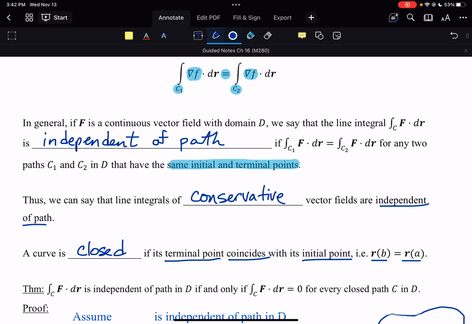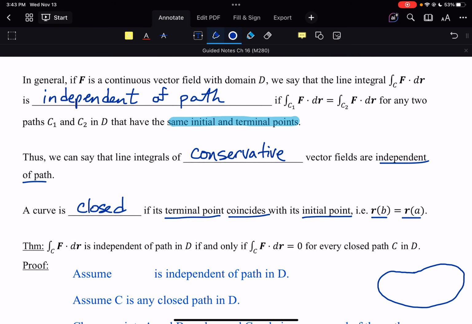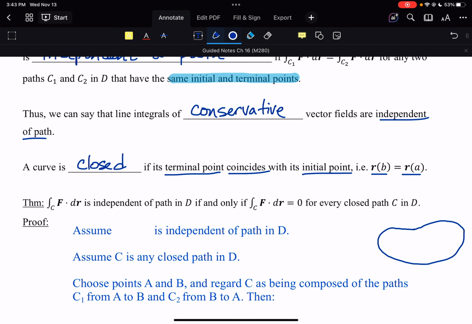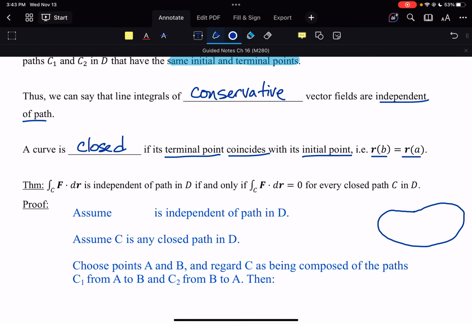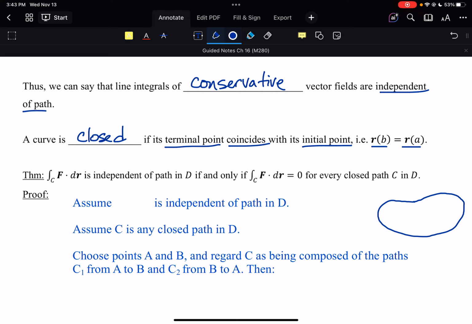I want to look at this theorem down here, and we're actually going to prove it. You can see I've got a little bit of the framework already set up for us.